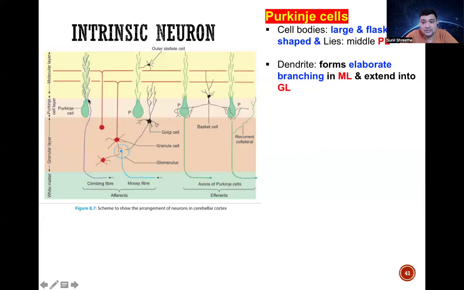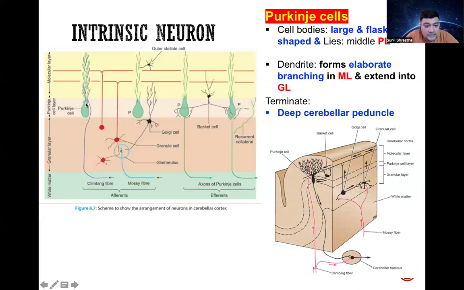If you see the dendrites of this Purkinje cell, they form elaborate branches, are present in the molecular layer, and extend into the granule layer as well. After that, the axons terminate into the deep cerebellar nuclei.